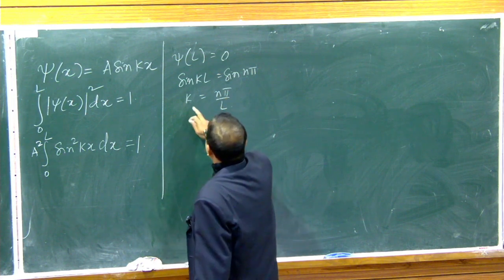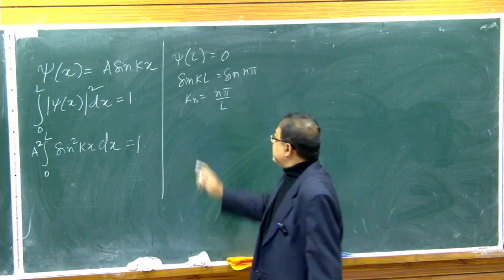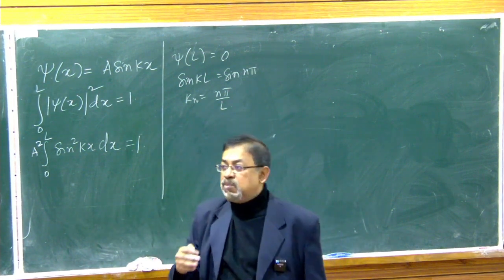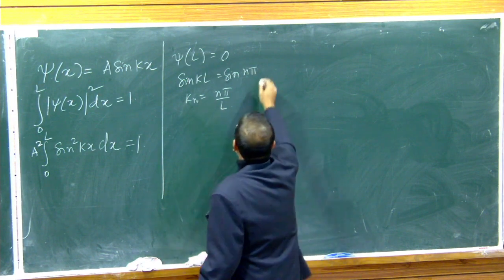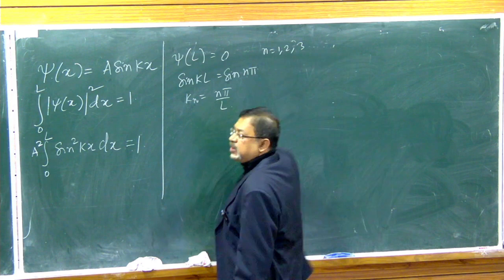Let's put an n here so that we know that this K, which is a wave vector, goes with a quantum number n. This n is equal to 1, 2, 3, 4 and all the integers.